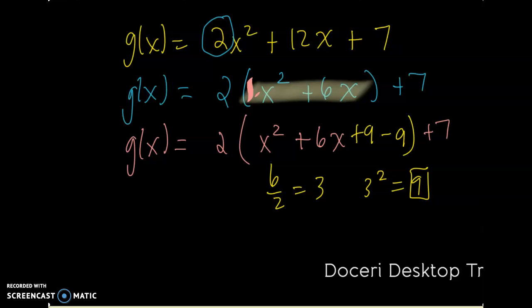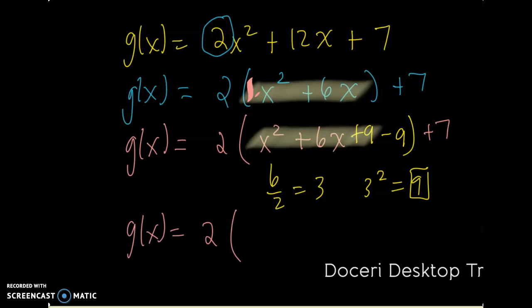And now it's just a matter of simplifying. This right here is the perfect square that we're looking for. So we get 2 times parenthesis x plus 3 squared. We still have a minus 9, so minus 9 plus 7.